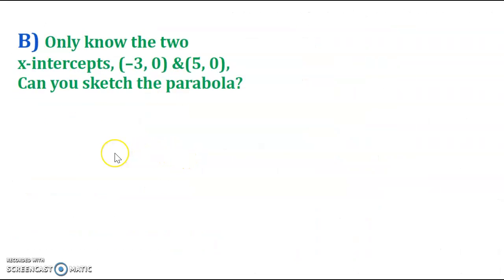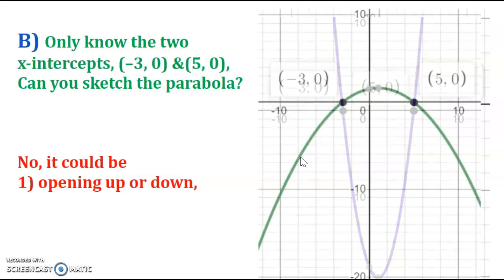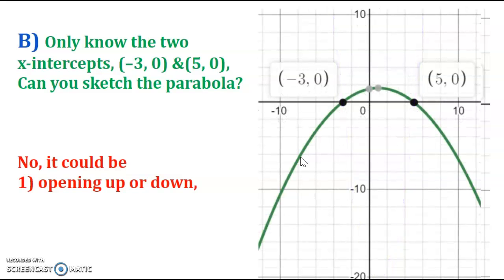What about if you have 2 x-intercepts? Is that enough information for us to be able to sketch a parabola? Well, this could be what the parabola looks like with x-intercepts at (-3, 0) and (5, 0). Or it could look like this. It could be opening up or it could be opening down.